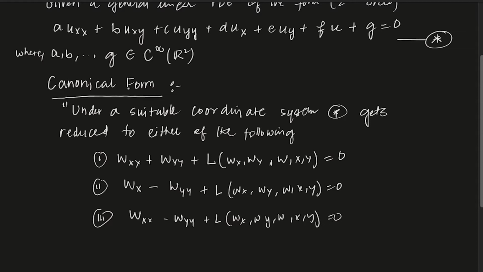Depending on the sign of the discriminant, if it is negative, it is elliptic; if it is positive, it is hyperbolic; and if it is 0, it is parabolic.